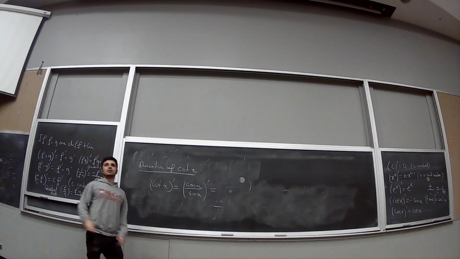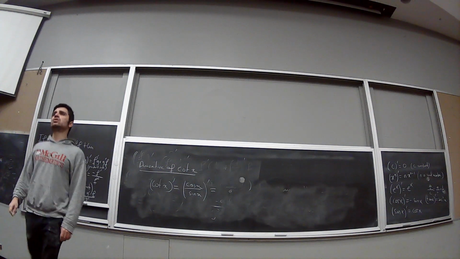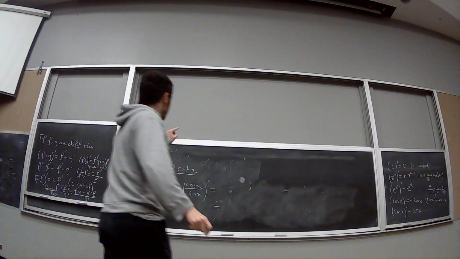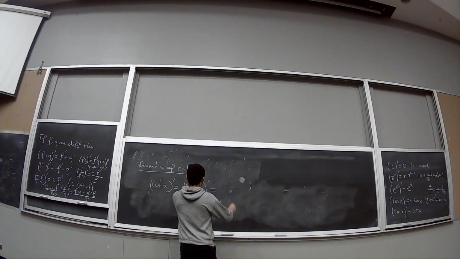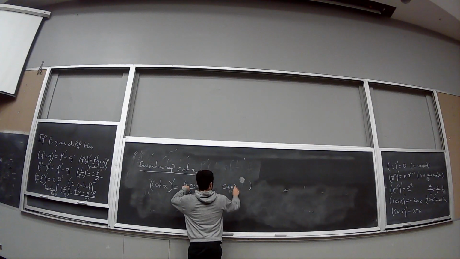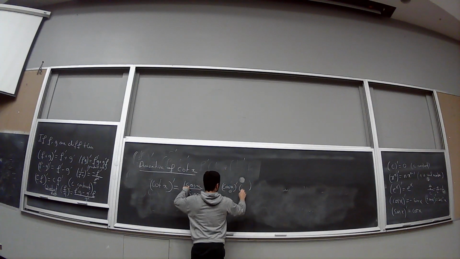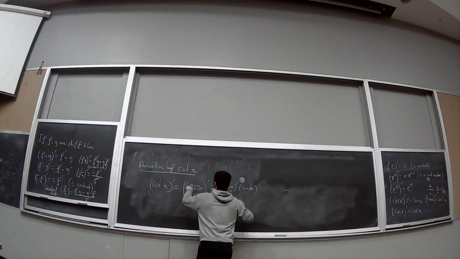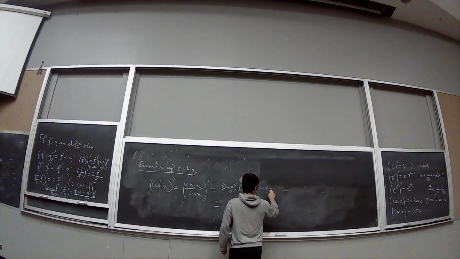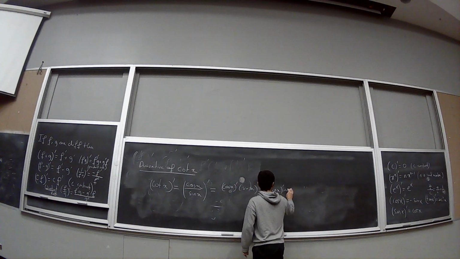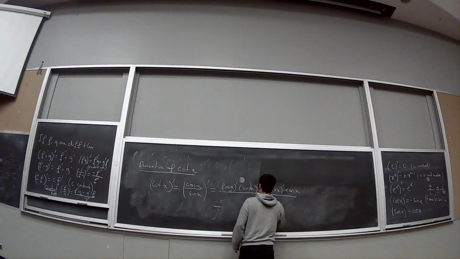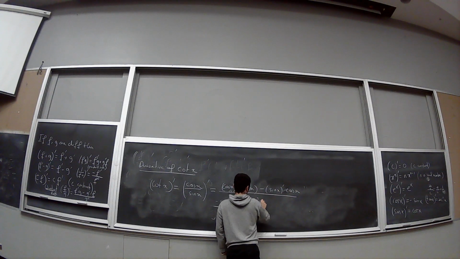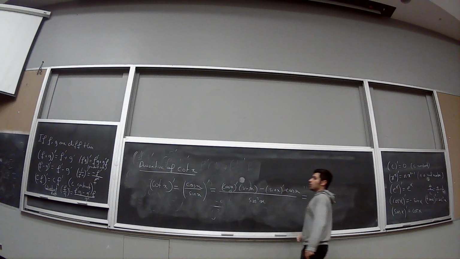How do I start then? What rule do I use? Quotient rule. Derivative of the numerator times the denominator minus the derivative of the denominator times the numerator over the denominator squared. What is cosine?